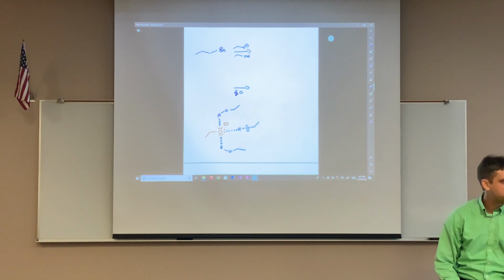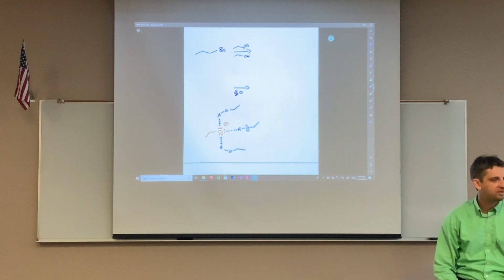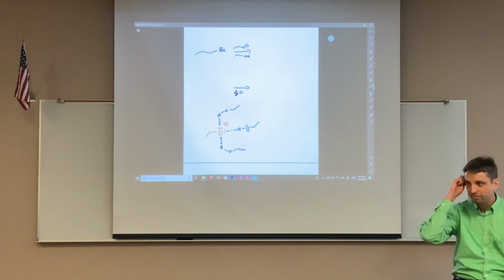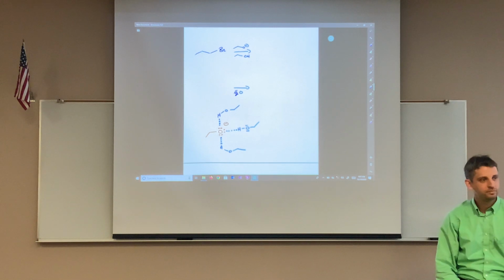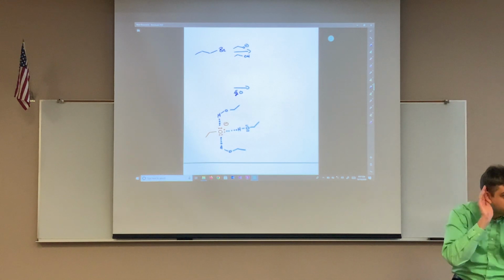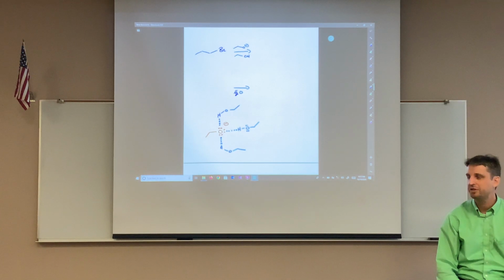Two arrows, no fuss, no stupid intermediates, no rearrangements, no shifts, none of that stuff. What attacks what? The oxygen attacks the carbon. Which oxygen? The one with the negative charge.